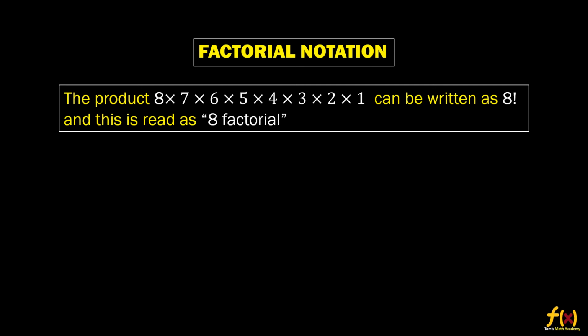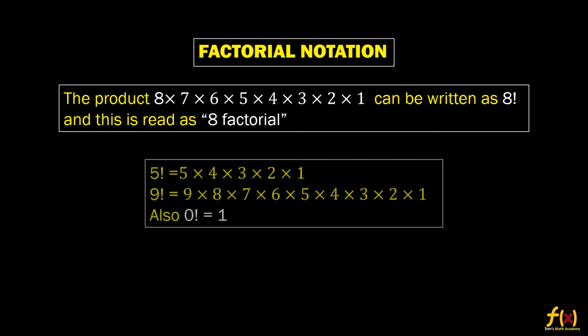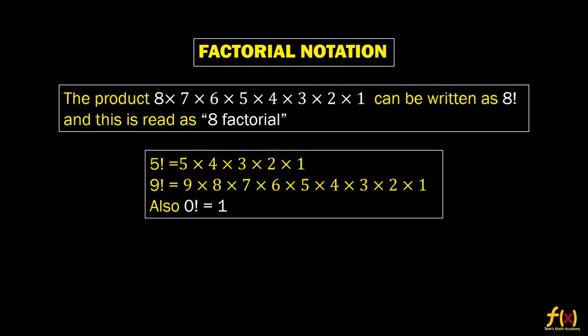On the calculator you can see this factorial sign. You can use it. Suppose you have 50 factorial. You cannot multiply 50 times 49 times 48 by hand. It's very time consuming. So you can use the short method of using the factorial button on the calculator. So that is the meaning of factorial notation.